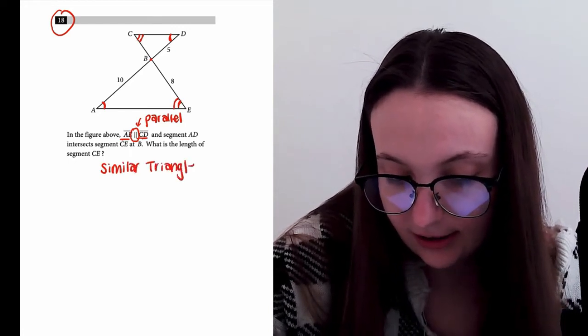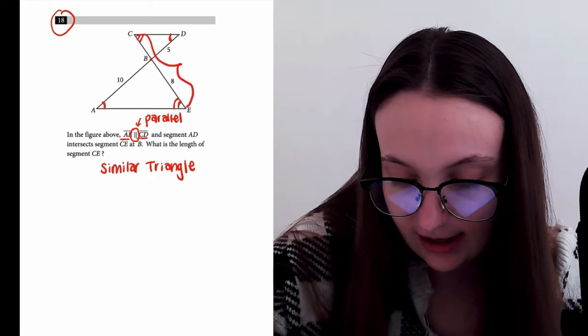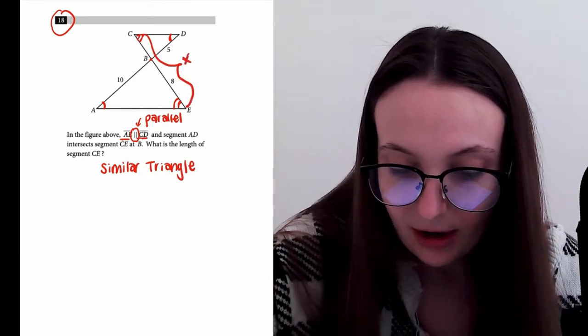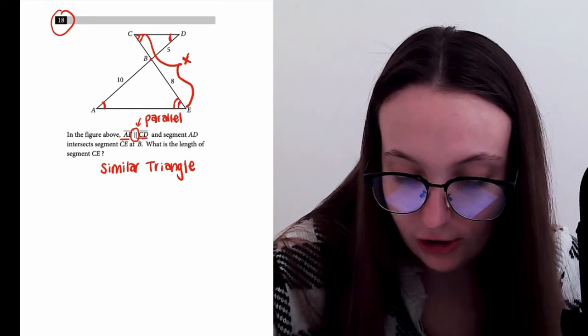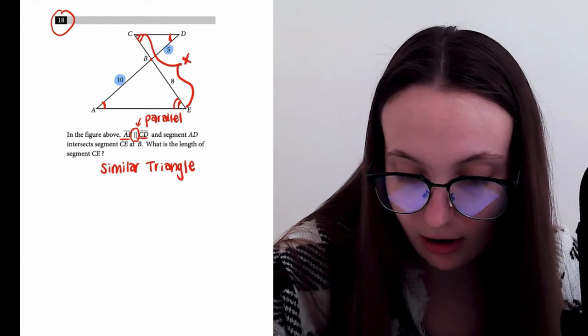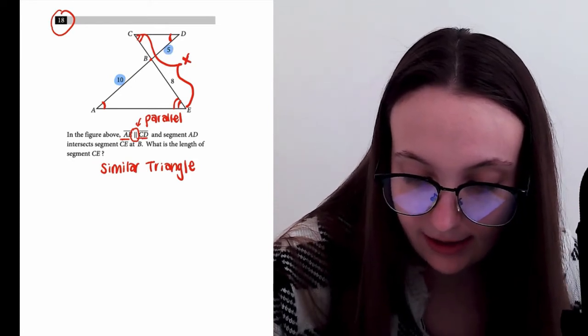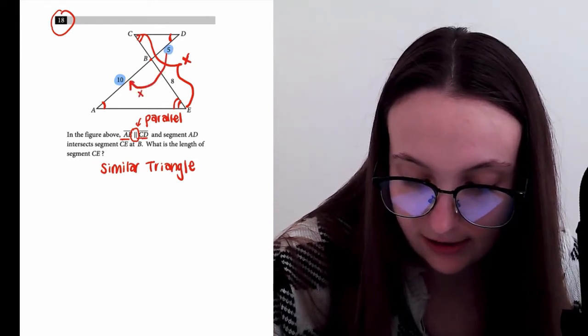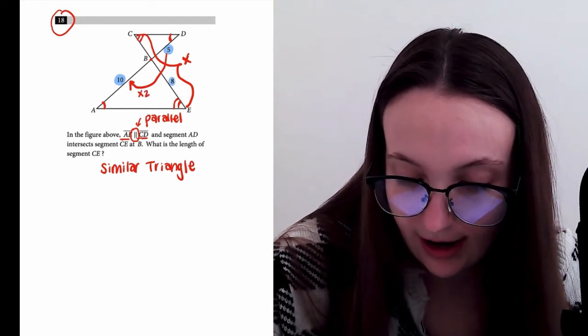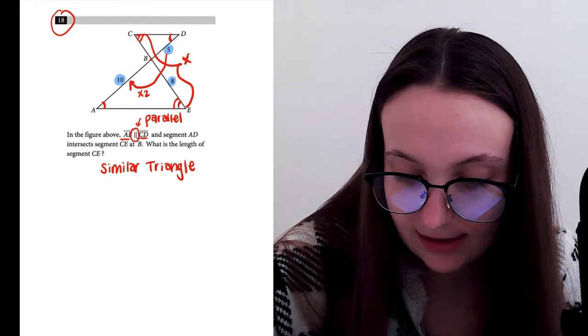So they then ask us, what is the length of CE? This full thing right here, I'm just going to call that X so we can identify that. So we want to notice what the proportionality is. The bigger triangle sides are double those of the smaller triangle. So that means then that we have to multiply the smaller triangle sides by 2 to get the sides of the bigger triangle. So let's go ahead and realize that BE is equal to 8.